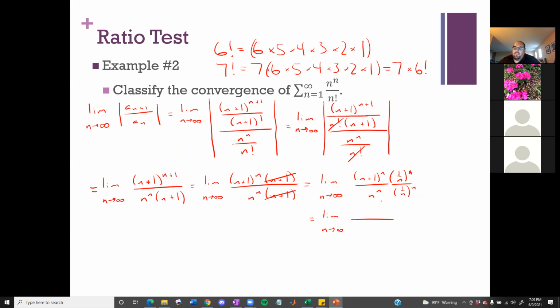The denominator is a little easier to deal with. That is just going to become n over n to the n. The other one is going to become n plus 1 over n to the n. But here's the problem. This ends up being 1 over 1. So our limit is 1.